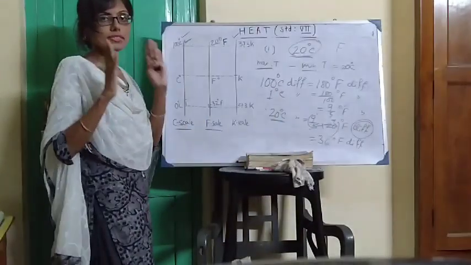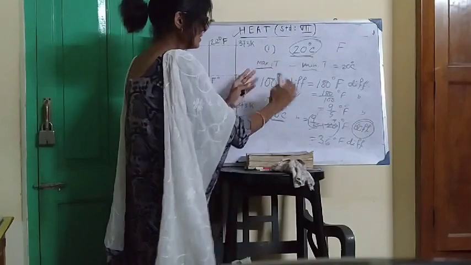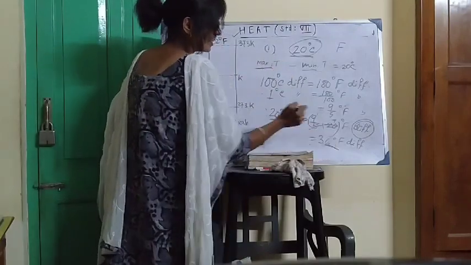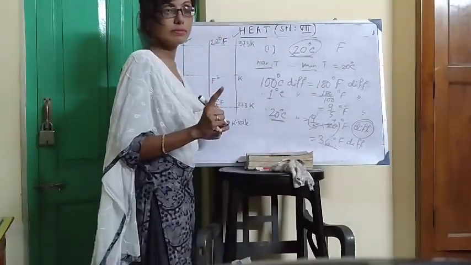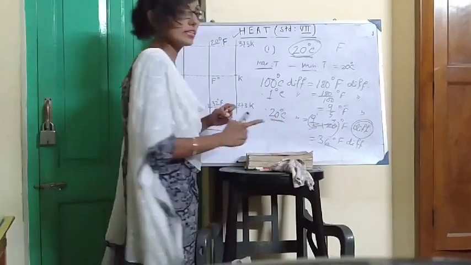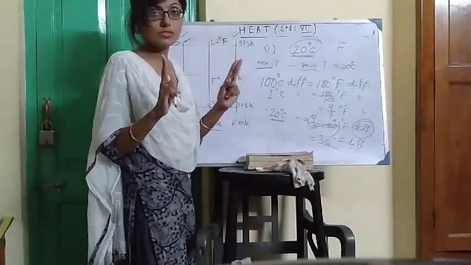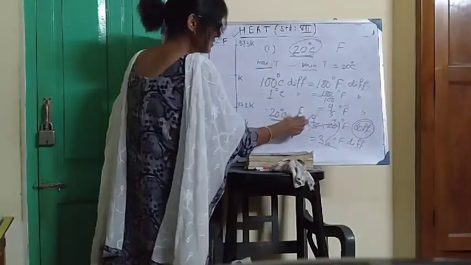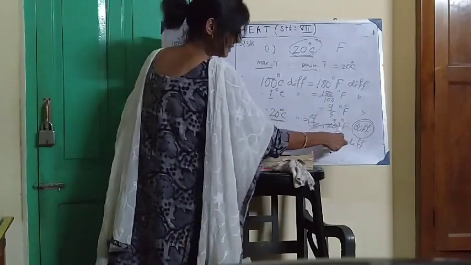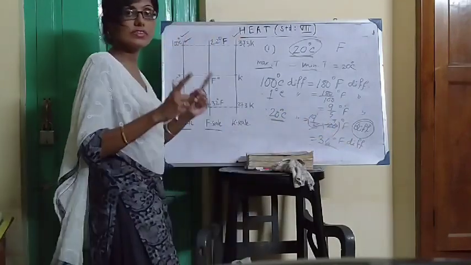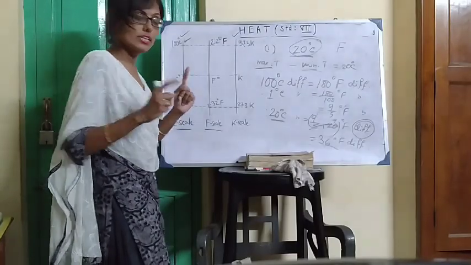So the temperature difference of that place is 36 degree Fahrenheit, not the particular temperature. 20 degree centigrade and 36 degree Fahrenheit, these two temperatures are not same. 20 degree centigrade difference is equal to 36 degree Fahrenheit difference. The differences are same. Understood?